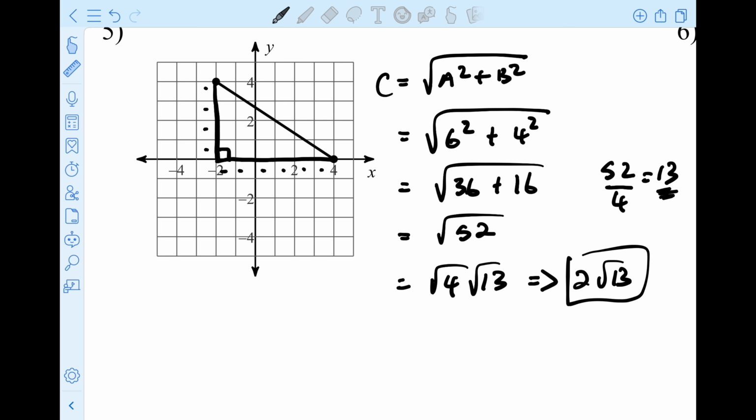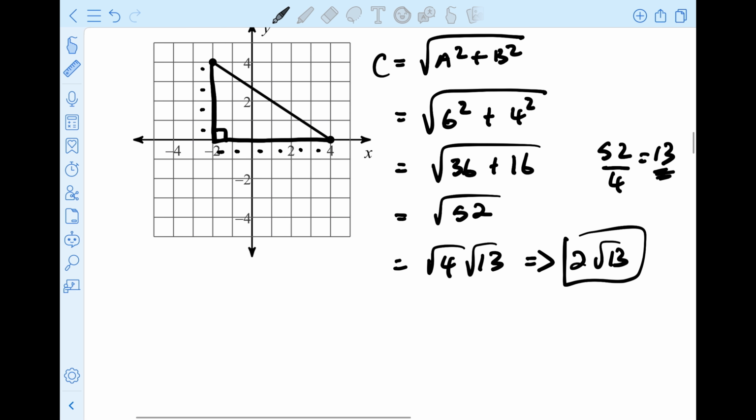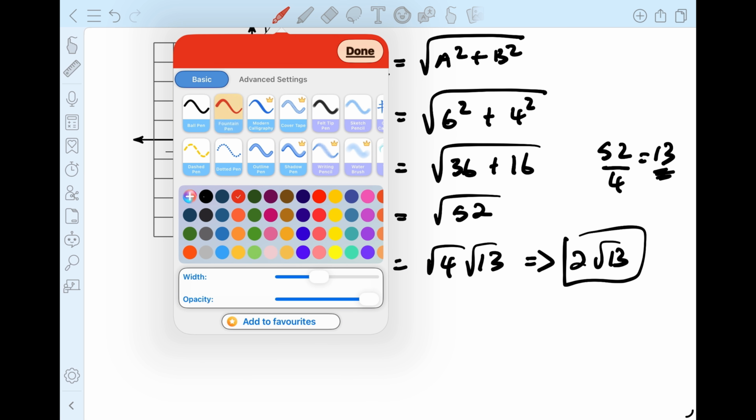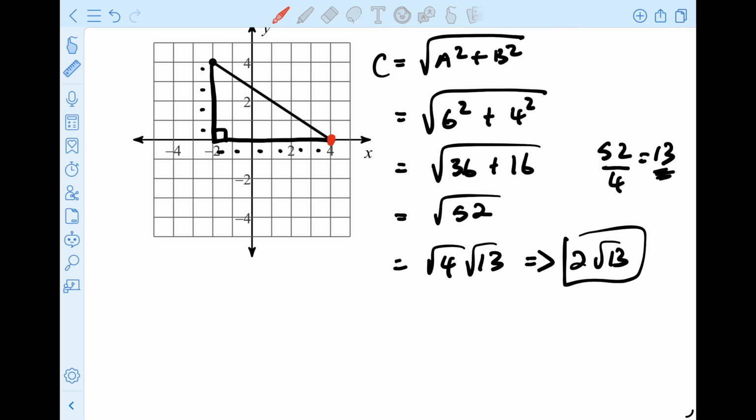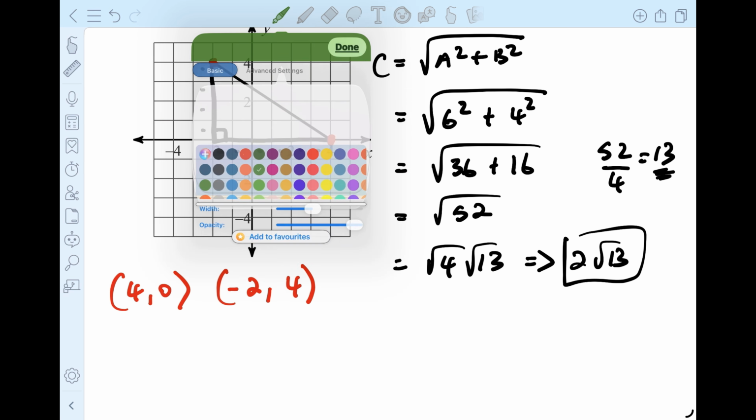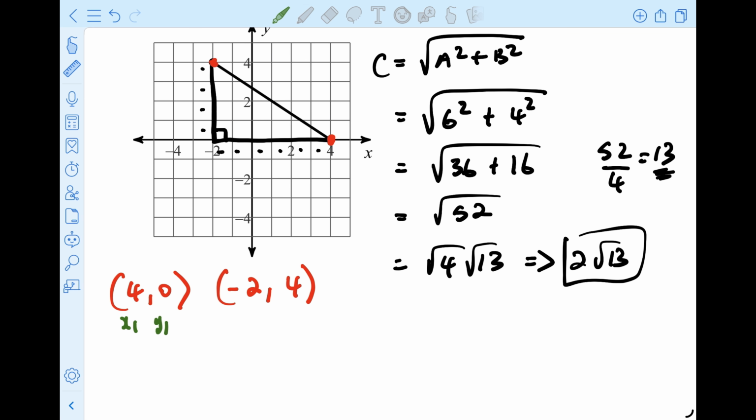So let's actually do this question by looking at the coordinates. What is this coordinate? Well, that coordinate is x is equal to 4, y is equal to 0. And this coordinate is x is equal to negative 2, y is equal to 4. All right? And so x1, y1, x2, y2.